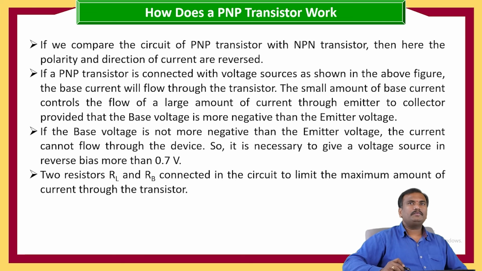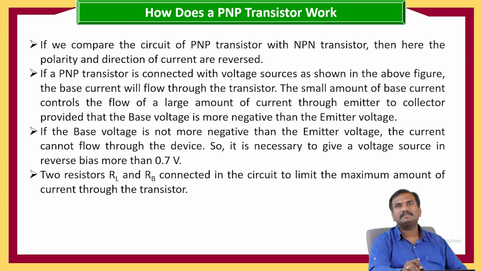Now if we compare the circuit of PNP and NPN transistors, the polarity and direction of current are reversed. If a PNP transistor is connected with a voltage source, the base current will flow through the transistor.